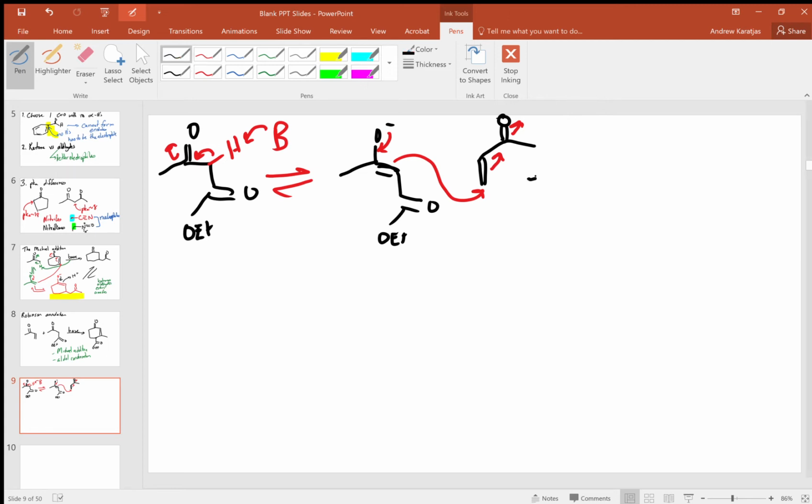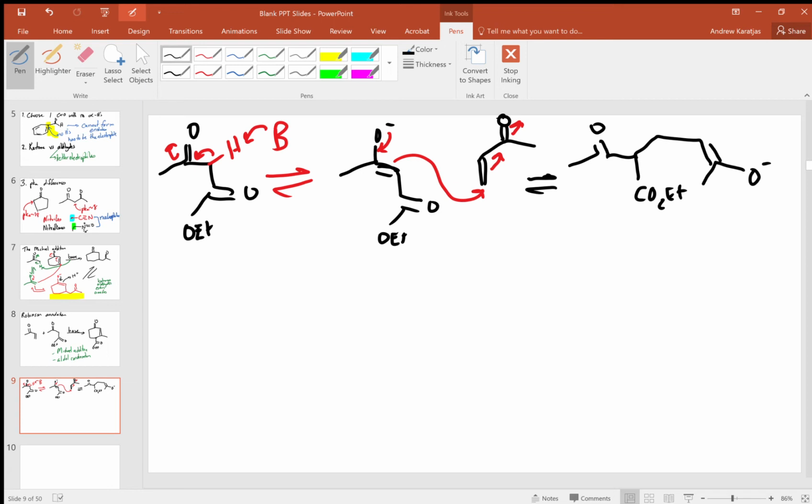All right, so that gets us to our next intermediate. We're just going to abbreviate our ester because the ester doesn't really play any specific role in the reaction. So here's where we're going to get the one maybe unusual or surprising step in this reaction.